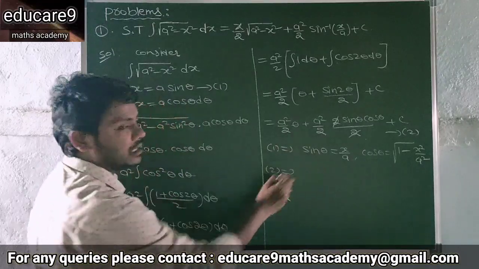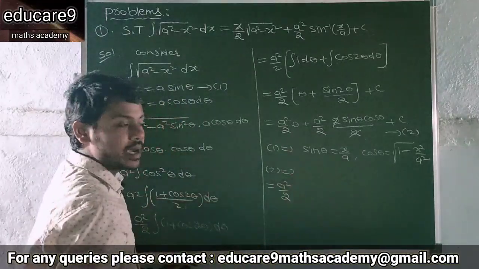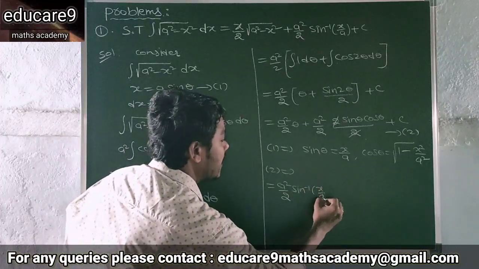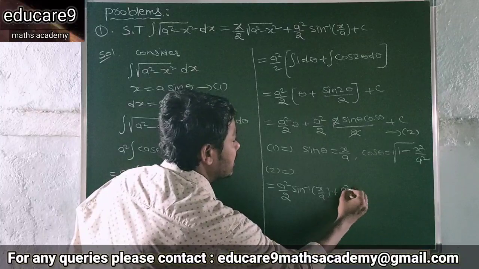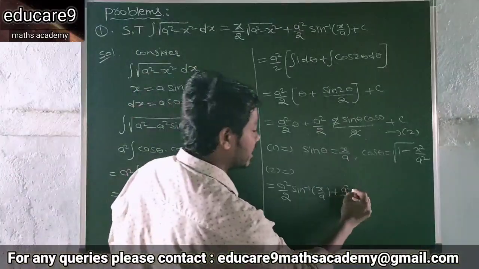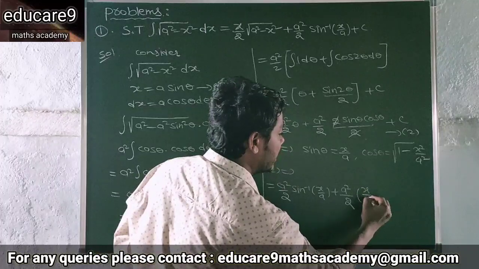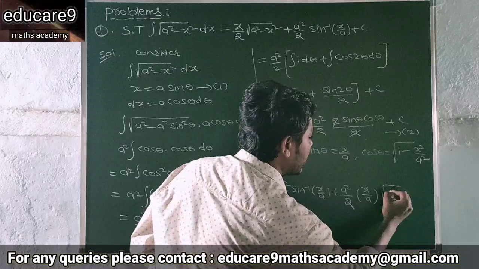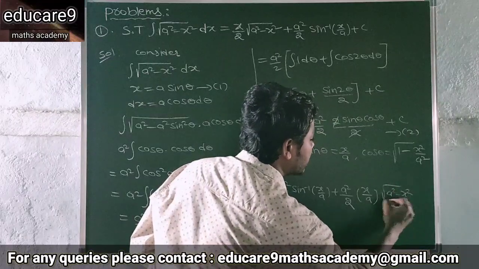So what is theta? That is sin inverse x by a. Sin inverse x by a plus a square by 2 into sin theta cos theta. Sin theta, that is x by a, and cos theta, that is square root of a square minus x square by a.